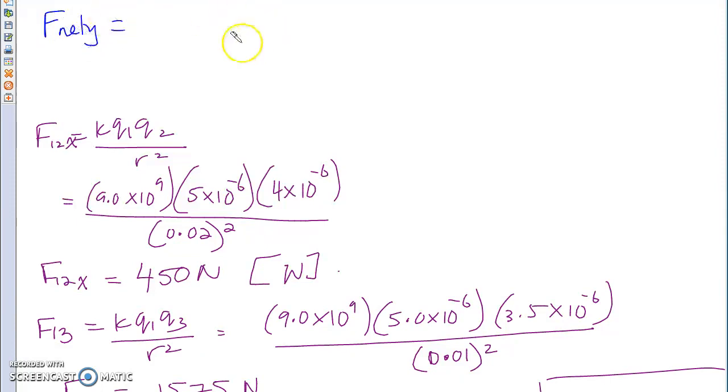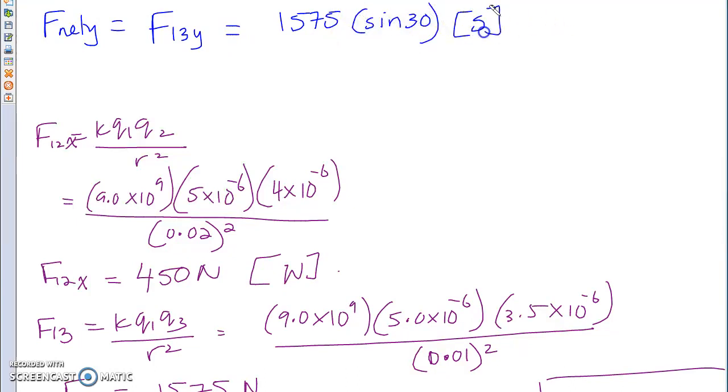Now F net y only actually has one component in it, and that's going to be F13y, because F12 is only in the x direction. So F13y is 1575 times sine of 30, and that is going south, correct? It was going south. What do you get for your F13y? 787.5 newtons, and that is going south.